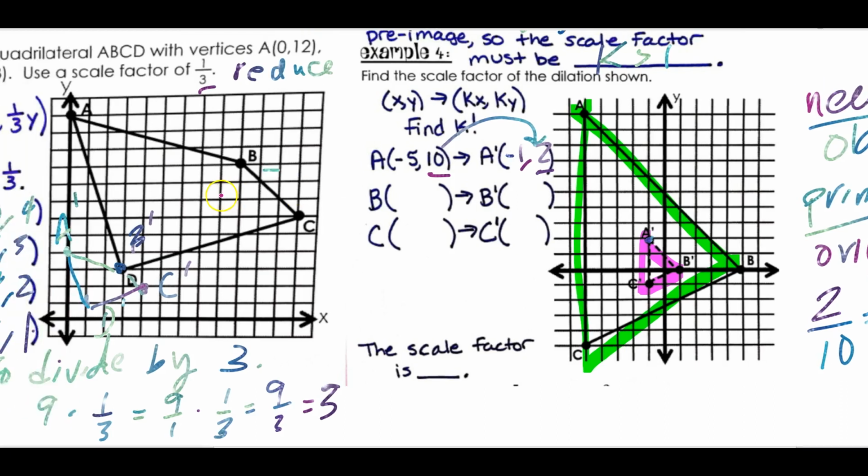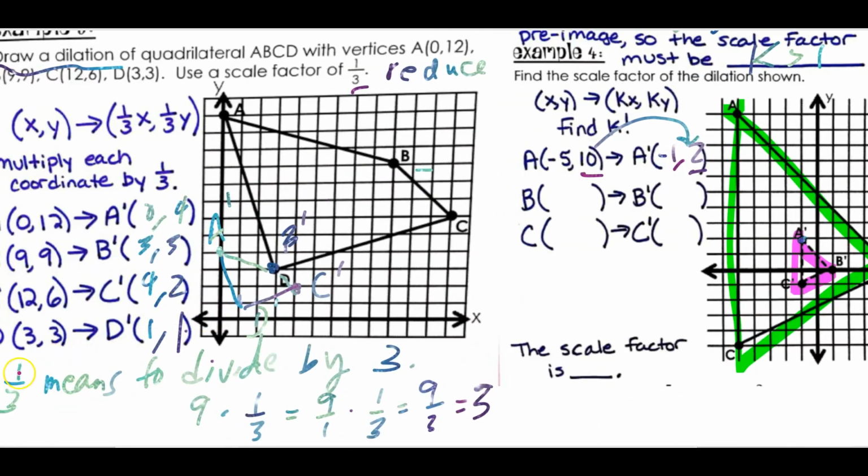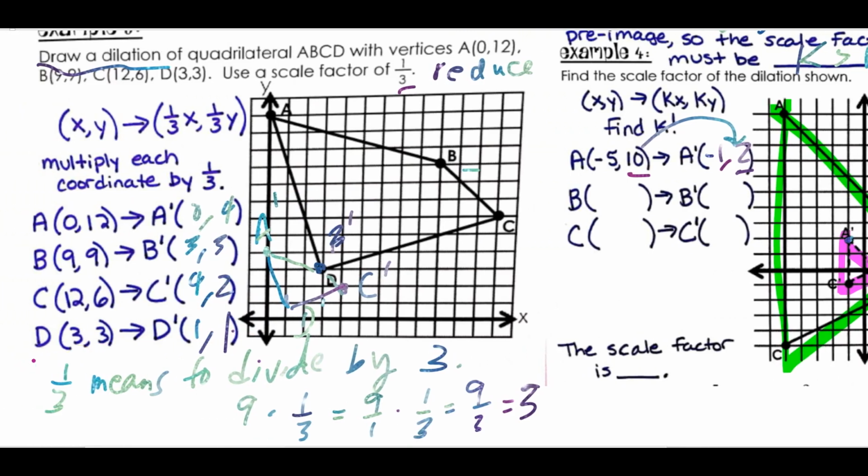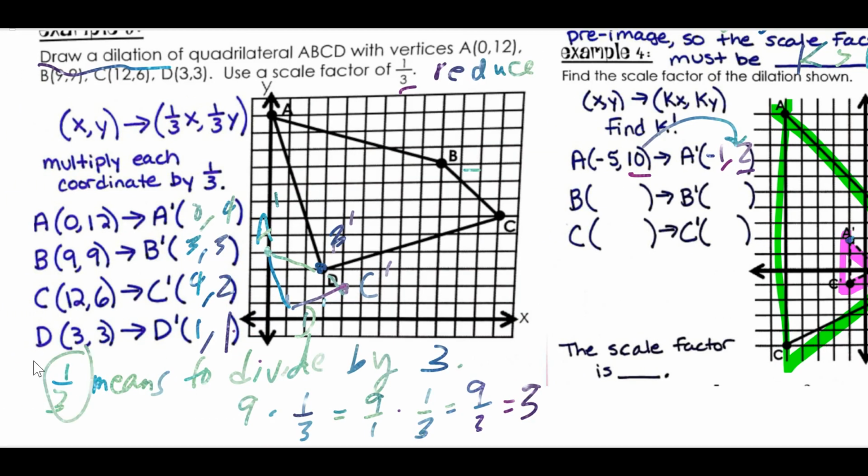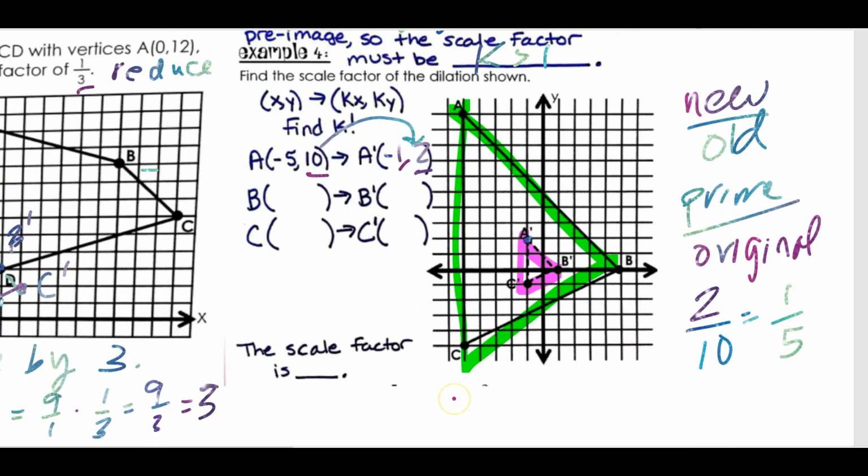When I did 1/3, which is right here, it means to do what? Divide everything by 3. So what does 1/5 mean? Divide everything by 5. So we divide everything by 5.